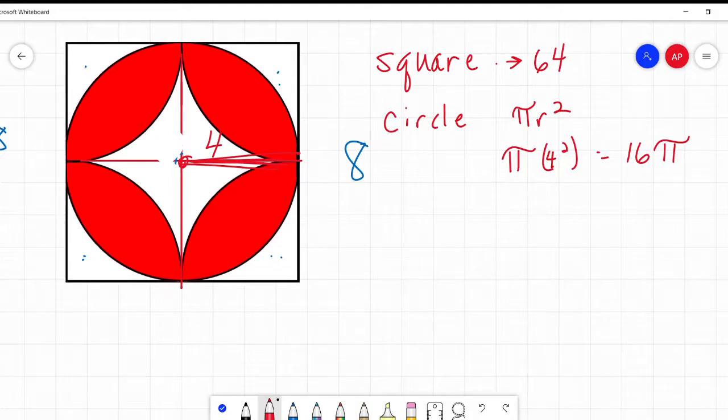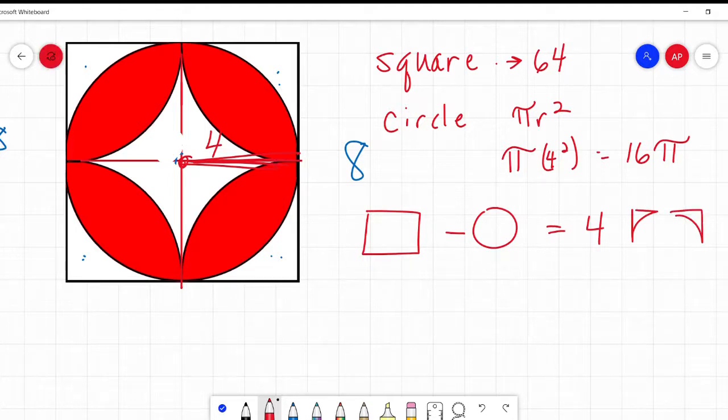So if I take the area of the square and I subtract the area of the circle, I'm going to get the area of those 4 external white pieces, the little pieces that go like this. So 64 minus 16 pi equals the area of the 4 little pieces.